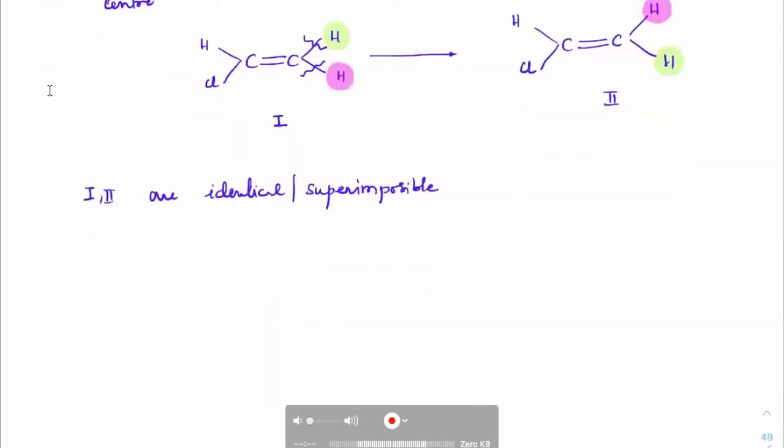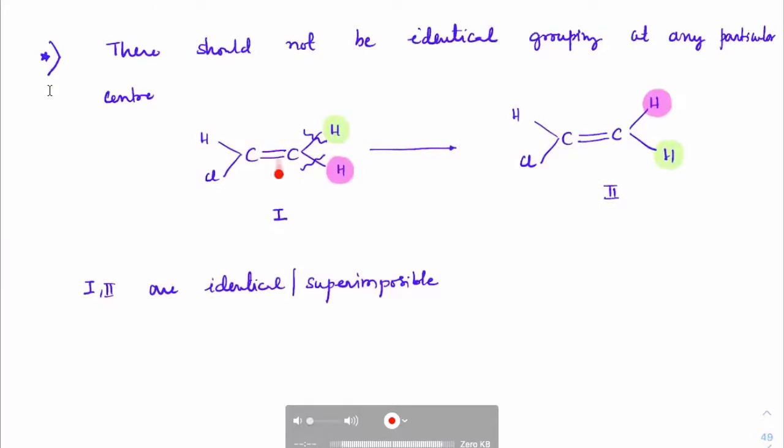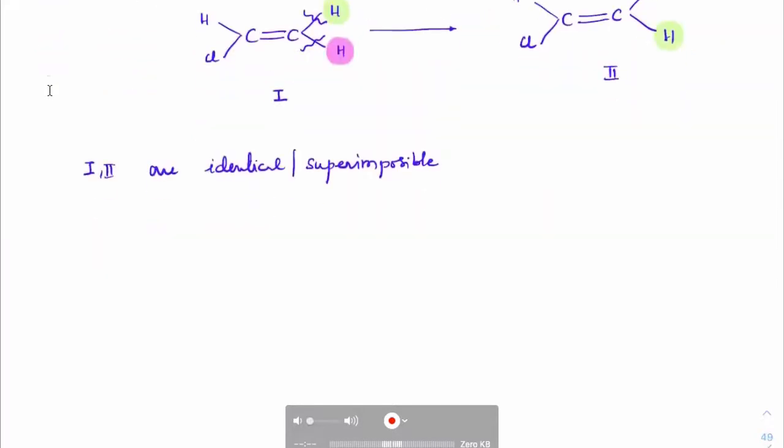Now, do we have restricted bond only in carbon double bond, C double bond C? Not necessary. Let us see all the cases now where we can see restricted bonds, restricted rotational systems.